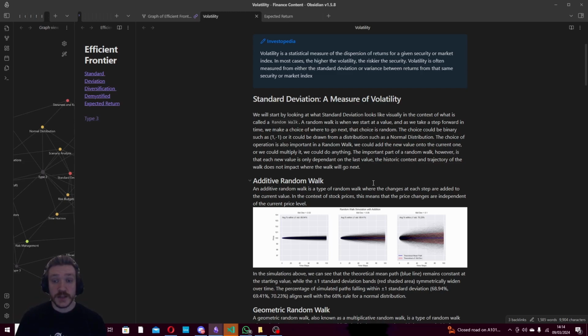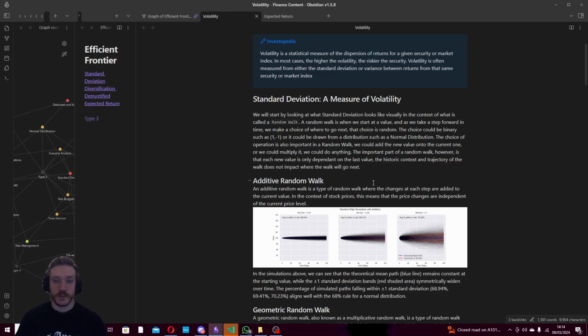As we do this, the choice of value that we're going to use to alter our current value could be binary, such as just moving up or down by a value of 1, could be drawn from a normal distribution, and we've not covered this in an episode yet, but think of this as we're starting here. We could either go up 1 and along, down 1 and along, or along and anywhere on a spectrum in between, okay?